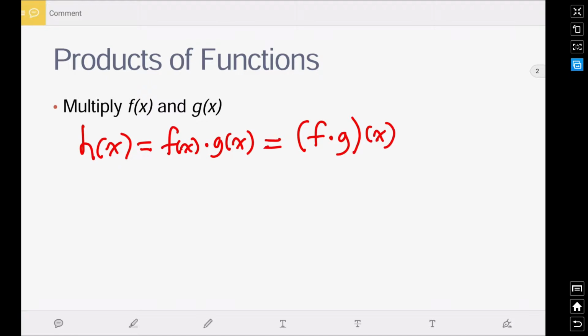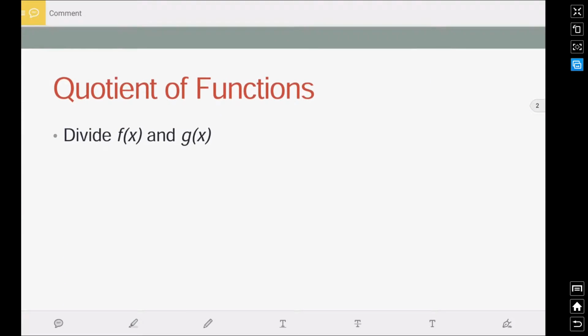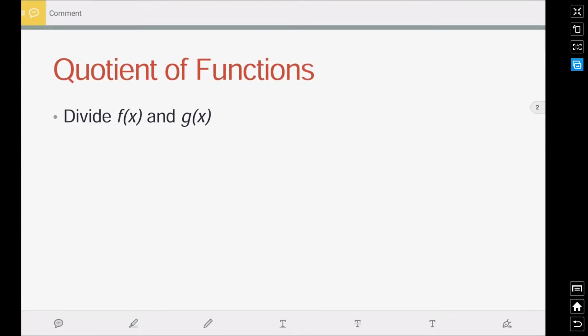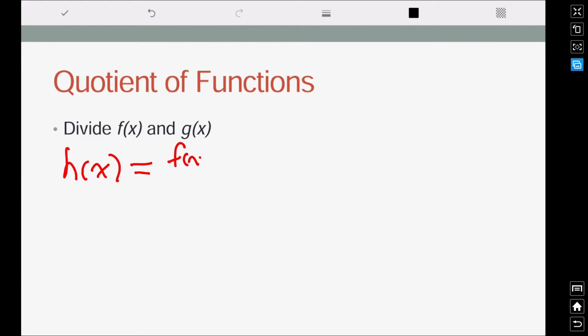After products of functions, we can do the exact same thing with quotients of functions, which is basically one function divided by another function. So if I have my combined function h of x, the quotient is just one function divided by another.